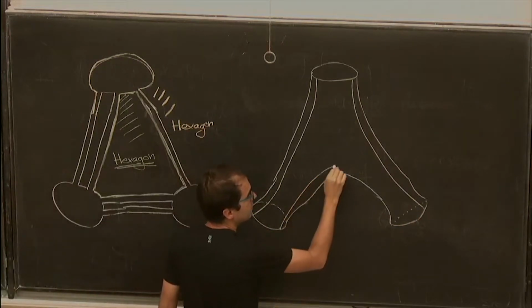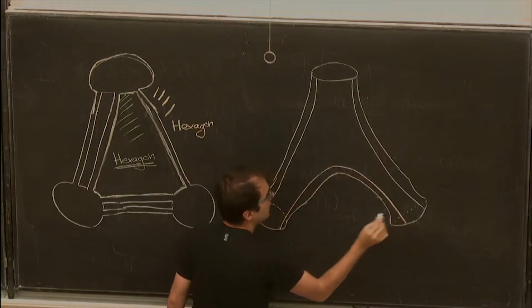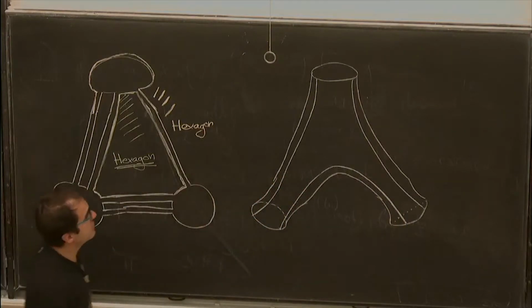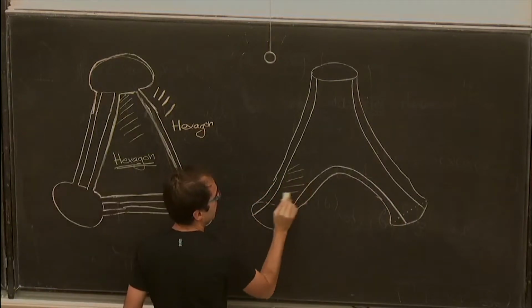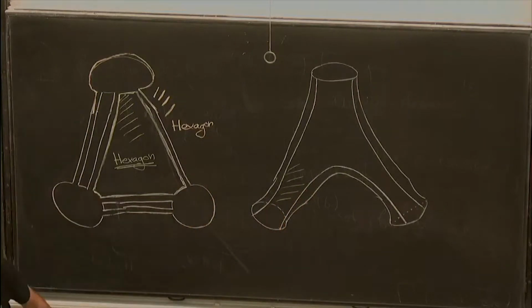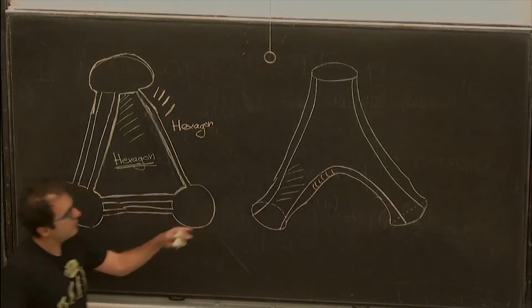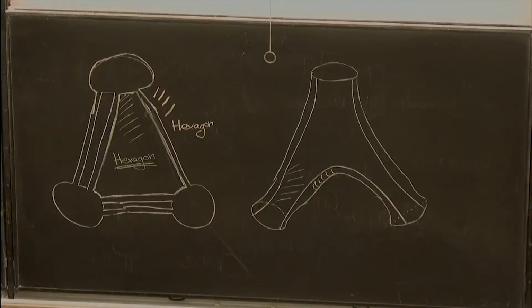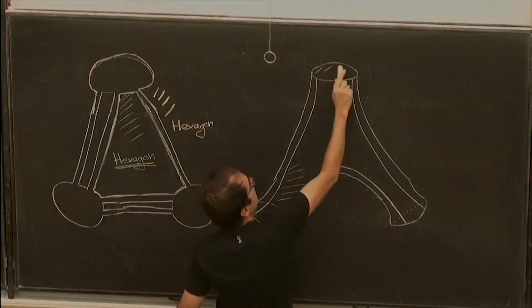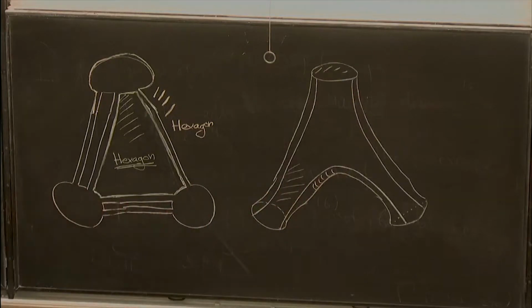You just cut the pair of pants like this. And then the front of this pair of pants is one hexagon, and the back would be the other hexagon. It will cover the back of this pair of pants.